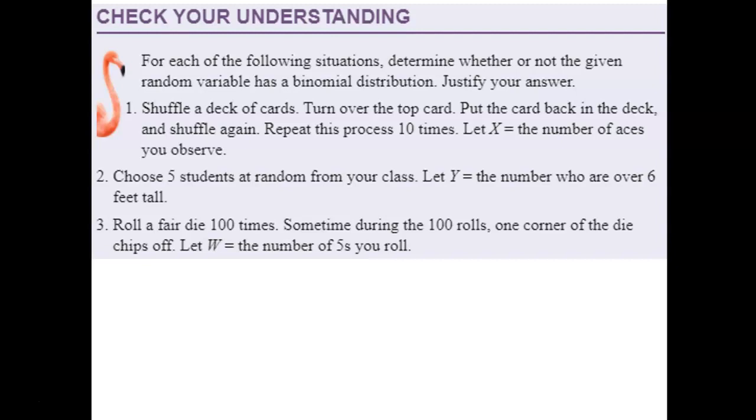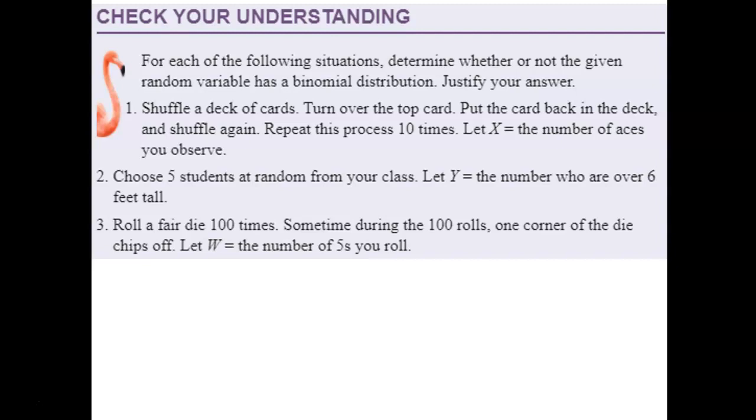Number 2 is choose 5 students at random from your class. Let Y be the number who are over 6 feet tall. And number 3, roll a fair die 100 times. Sometime during the 100 rolls, one corner of the die chips off. Let W equal the number of 5s you roll. So pause the video and go ahead and decide whether these are binomial settings, and you're going to check your bins.